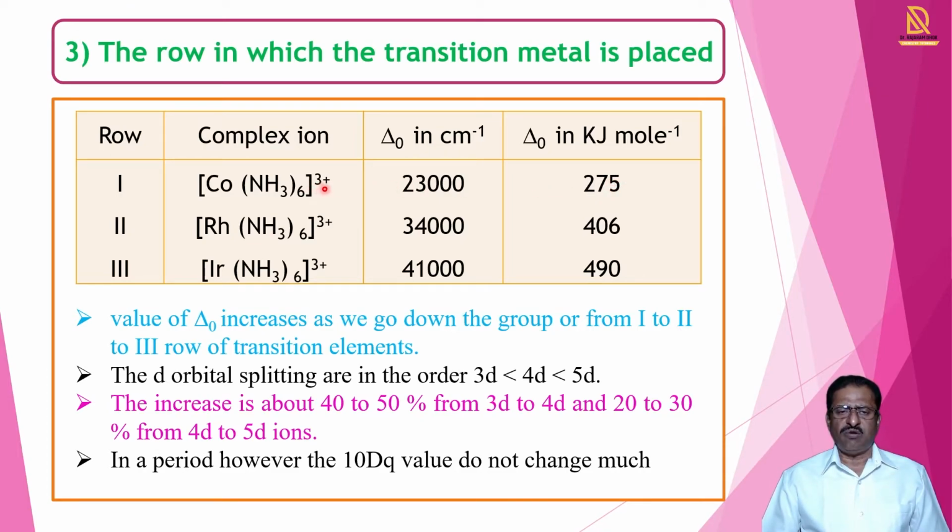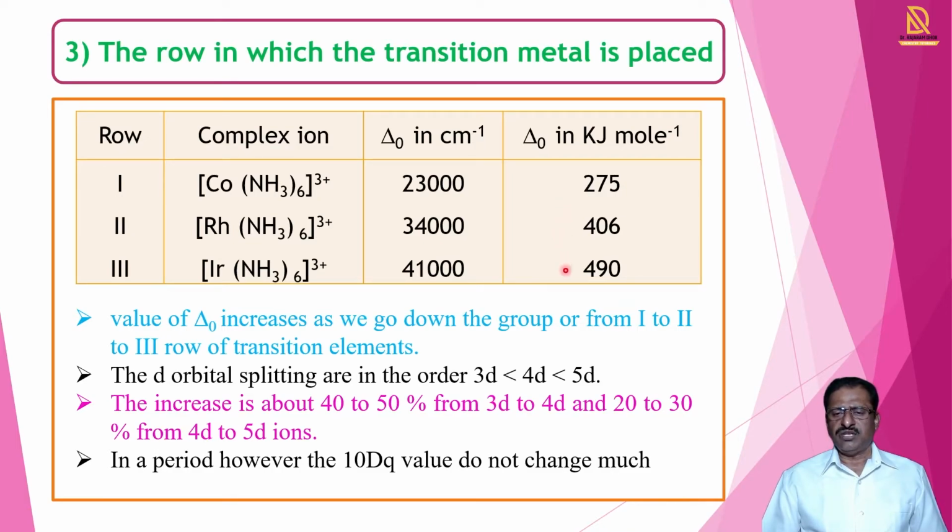In the cobalt complex, the delta O value is 275. In the rhodium complex, the delta O value is 406. In the iridium complex, which is a third transition series element, it is 490. From these values we observe that the second transition element has a higher value than the first transition element.